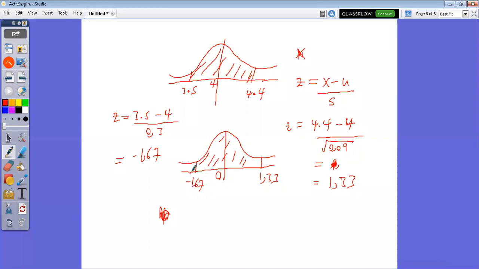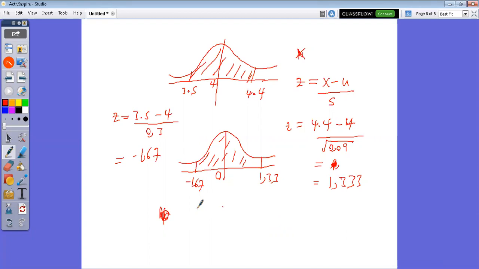Aren't you meant to leave the values to 3 decimal places? Yes, I left it at 3 decimal places. Oh, sorry, 3.3 here. I don't know what I was thinking. We should give it to 3 decimal places. And what is this answer here?